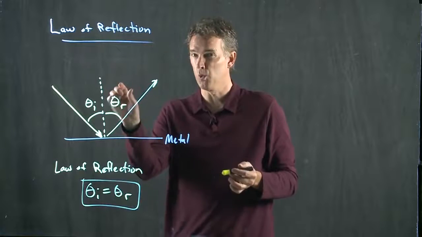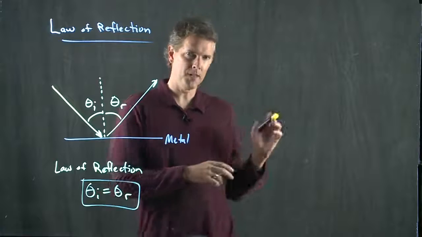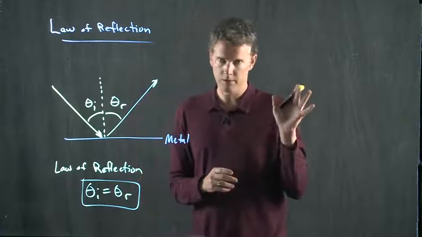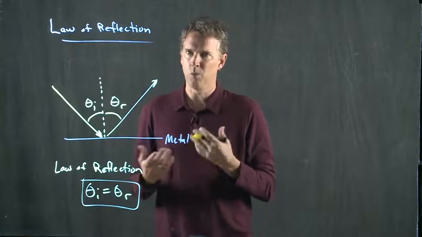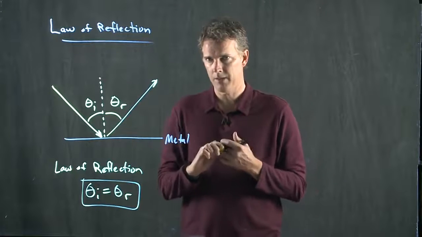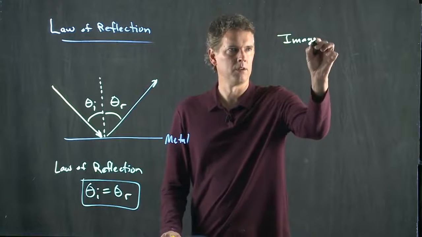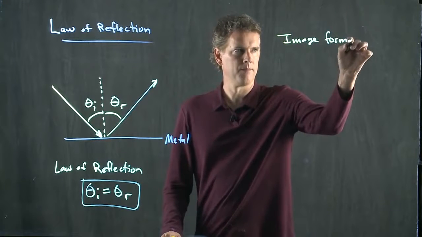Remember, they're always relative to that surface normal. Okay, so in the case of the mirror that we just talked about, we said, where is the image? Using this law now, we have to think about how do you form an image in a mirror?